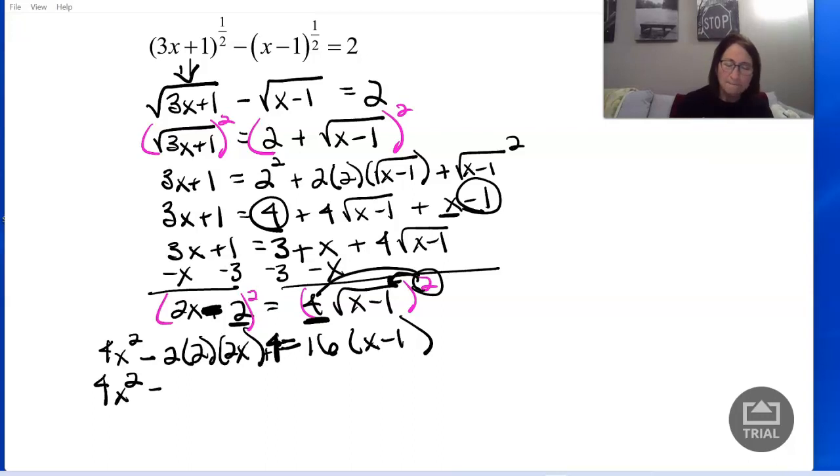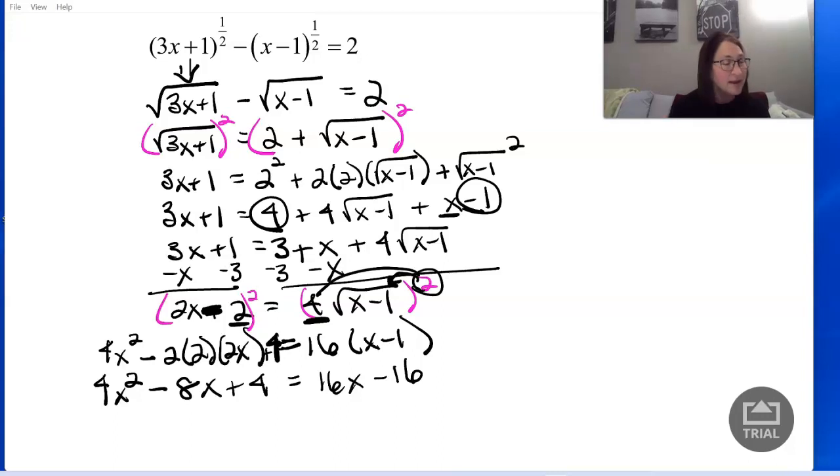4x squared minus 8x, plus 4 equals 16x minus 16. Okay, this one is a little different here.